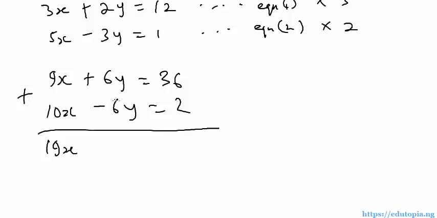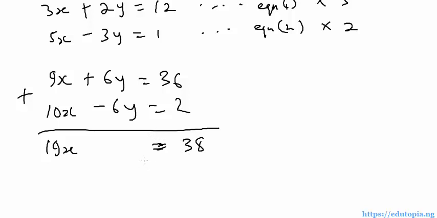So automatically we've succeeded in eliminating the coefficient of y and the variable itself. So no need writing 0, you just bring down the equal sign, and then you have 36 plus 2 gives you 38.